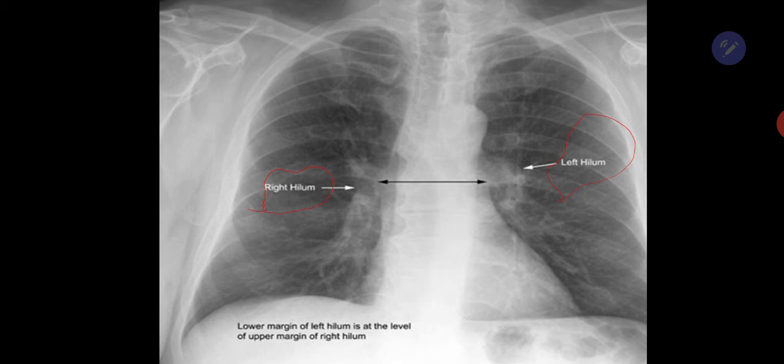And the thing which is to be noticed is that the lower margin of left hilum is at the level of upper margin of right hilum. That means left hilum is always at a higher level than the right hilum.